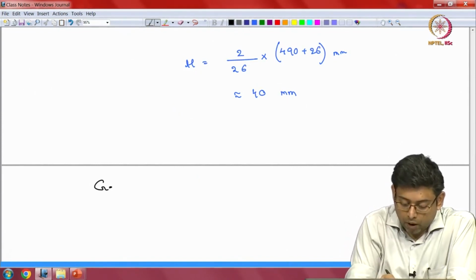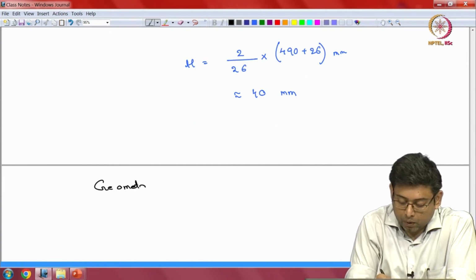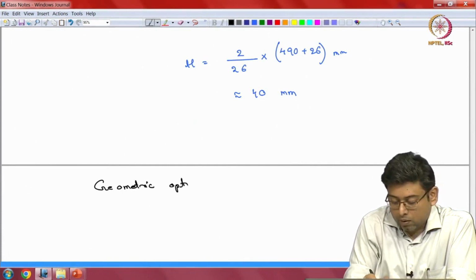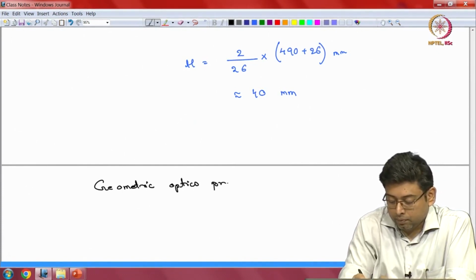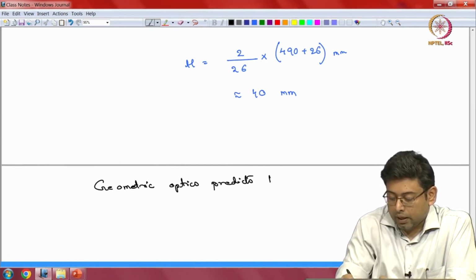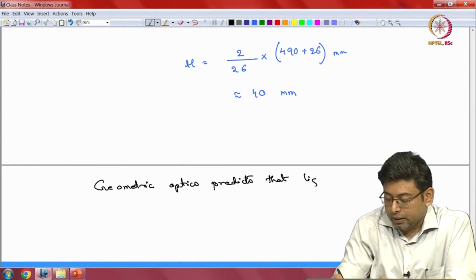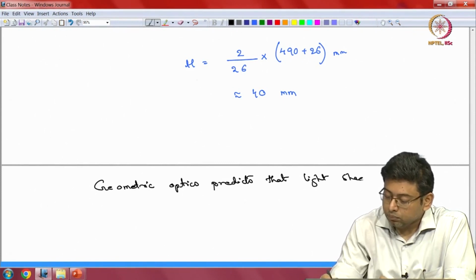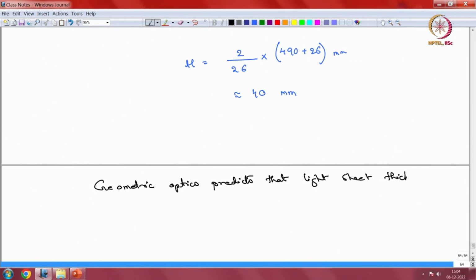Geometric optics predicts that light sheet thickness at the back focal plane is 0. Right? This does not occur in reality.